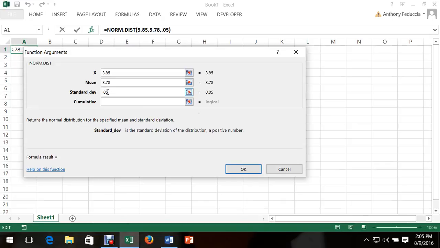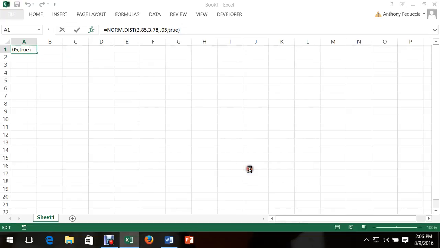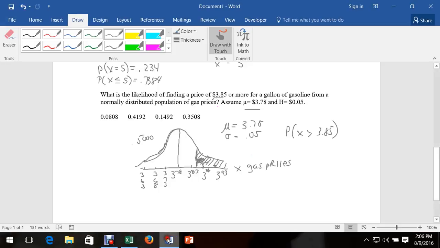Now, cumulative. For a normal distribution, you always put in true, always. What this does is it tells you, and the answer is 0.91924, let me record that, right there.